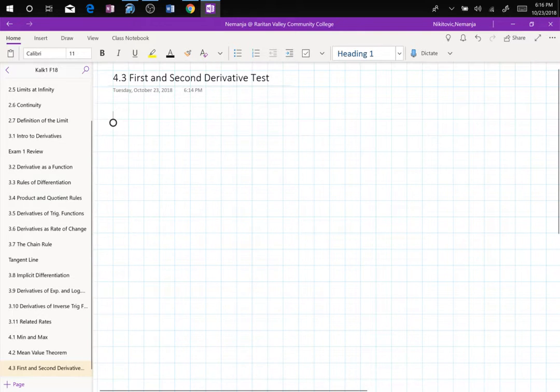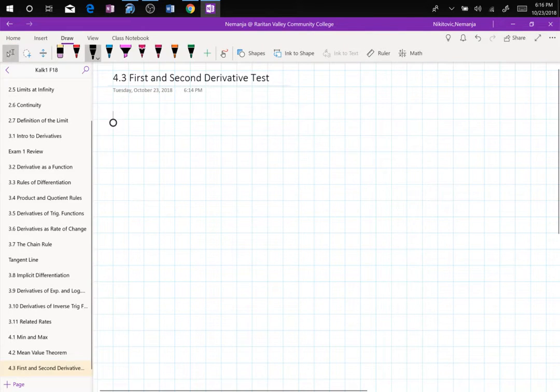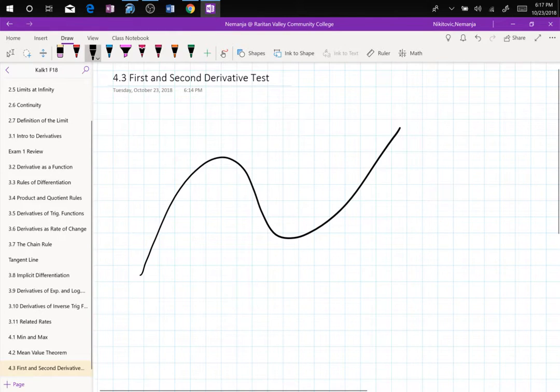Let's first see what we are talking about. If I take a look at some f of x that looks like this, I'm going to find the max point. And this maximum is local, relative. Then I'm going to find the minimum value.